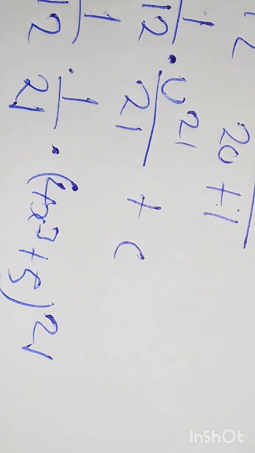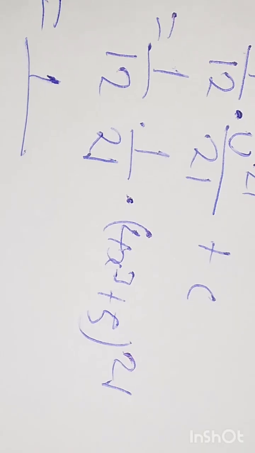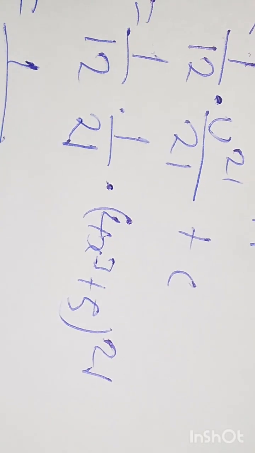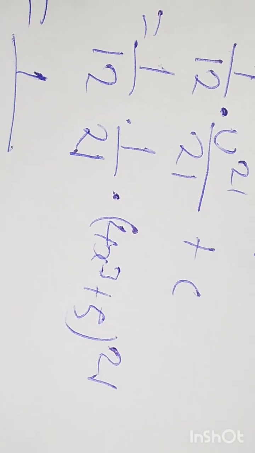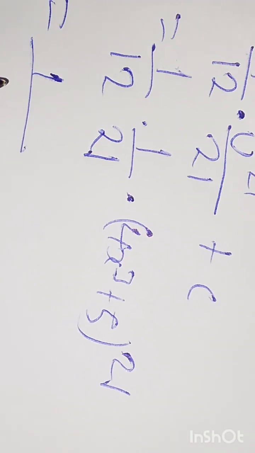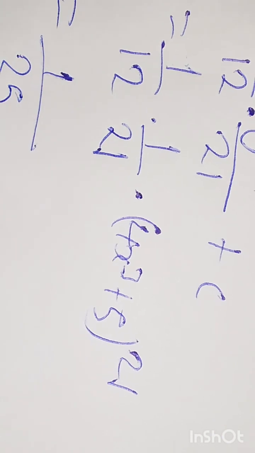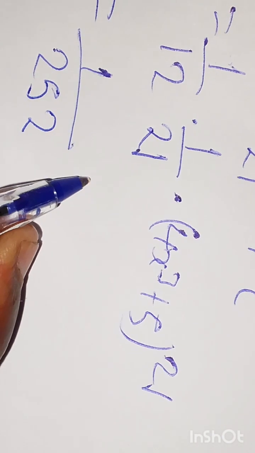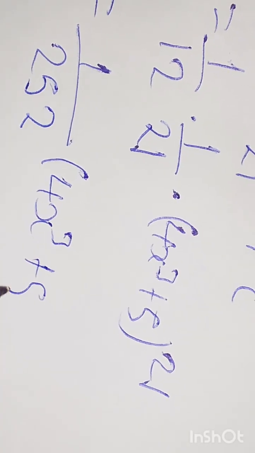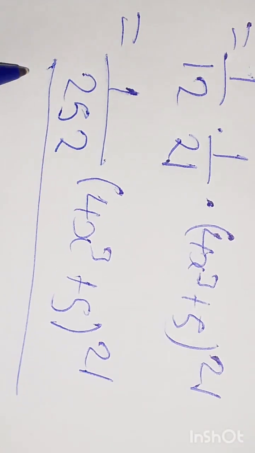That is equal to 1 over, what's 12 times 21? That's 252. You have 252, then (4x to the power 3 plus 5) to the power 21. That's how the question ends.